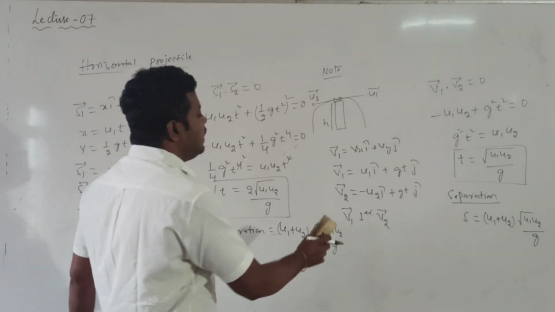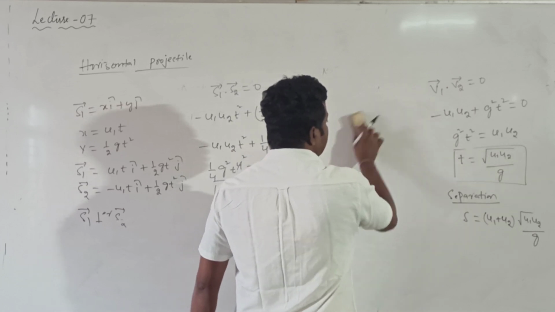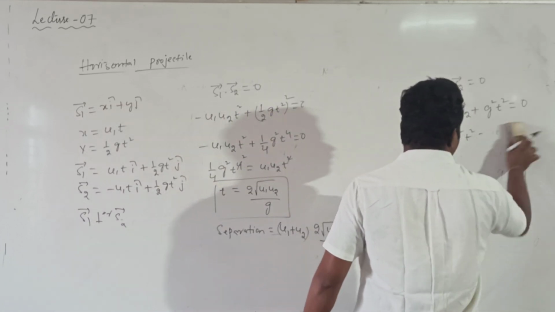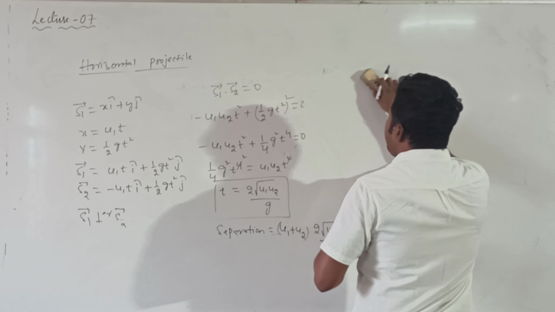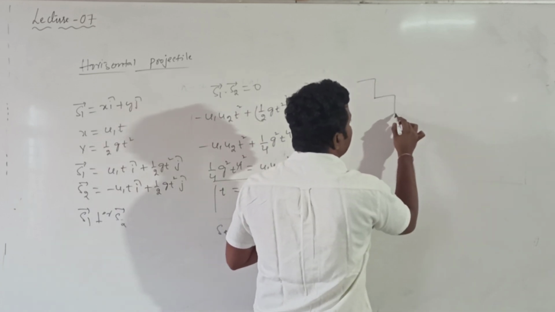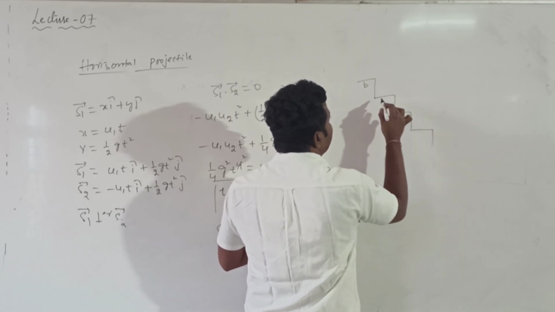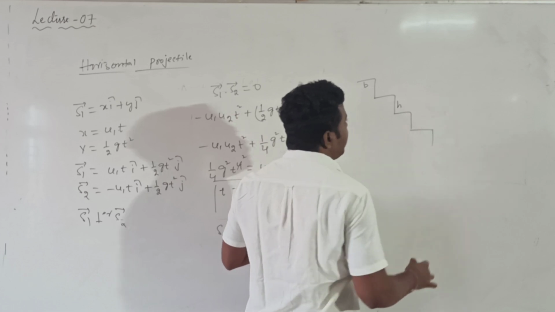Last point related with this horizontal projectile. So let us see, there are n number of stages or steps like this. Each step of width value b and each step of height value equal to h.